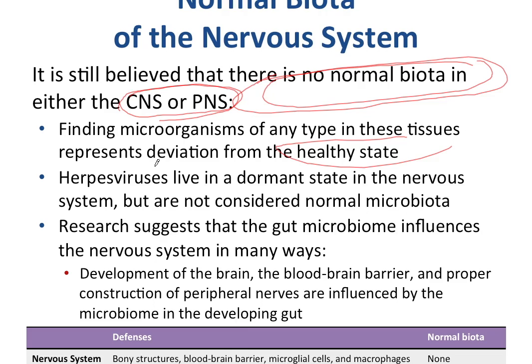The herpes is not considered as biota. Once the herpes lives in the ganglions, the patient actually has the disease, a herpes infection. Once their immune system activity decreases, the herpes can come out and cause pain, rash, or even damage of the nerves.